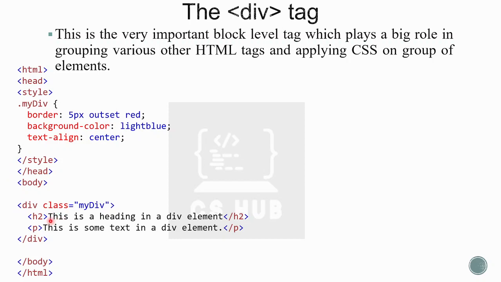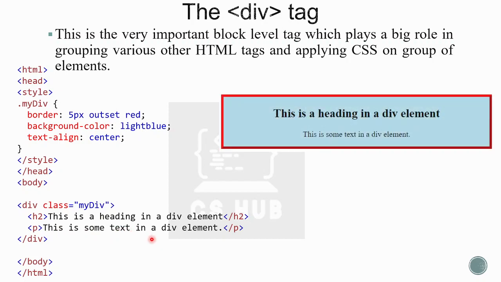Then the content is one heading: this is a heading in a div element. Paragraph: this is some text in a div element. This is the output, which means this heading and paragraph are grouped under a div element, its class is my div, and we are applying style. The first style is a border. This red border, 5 pixel outset red. Next, background color is light blue.